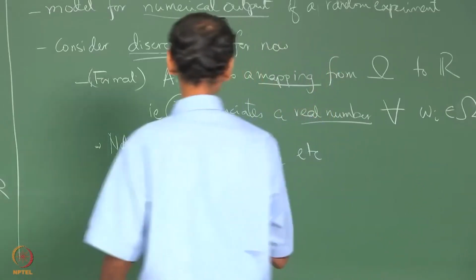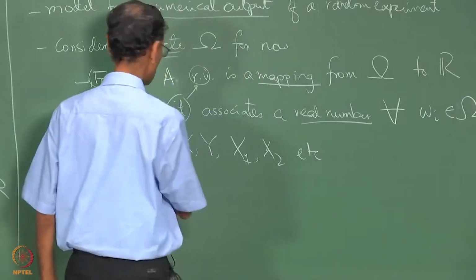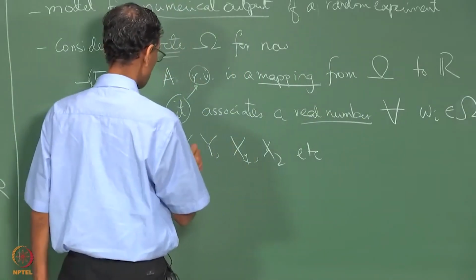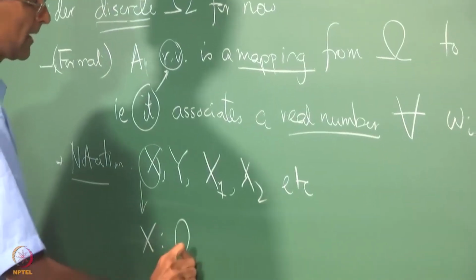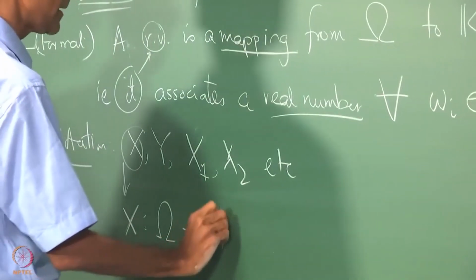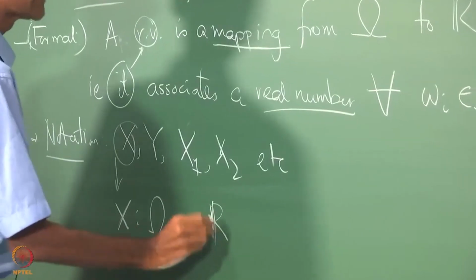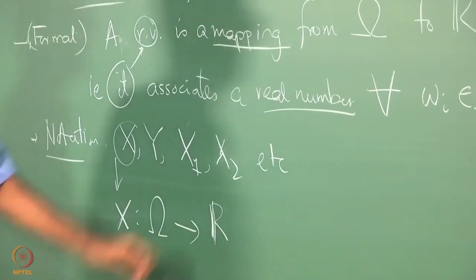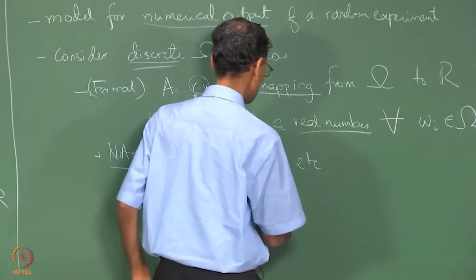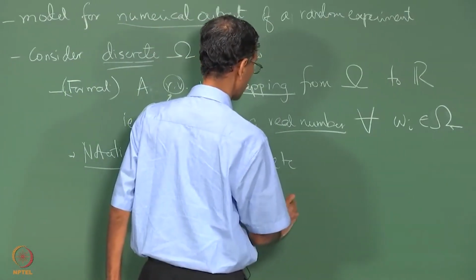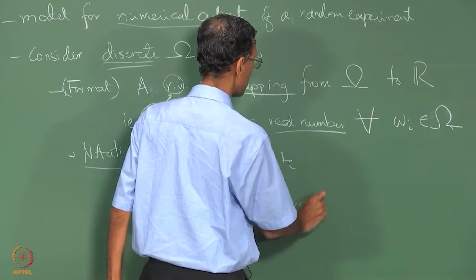We are just mapping. So this notation we will use. Supposing x is a mapping from omega to R in a more general way, but we can tighten the range. R is the set of real numbers.